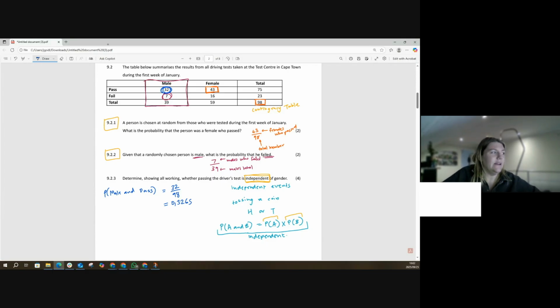Okay, then we work out what is the probability of being male. So the probability of being male, looking at your contingency table, what is the probability that you are male? Good, 39 out of 98. The probability of passing.